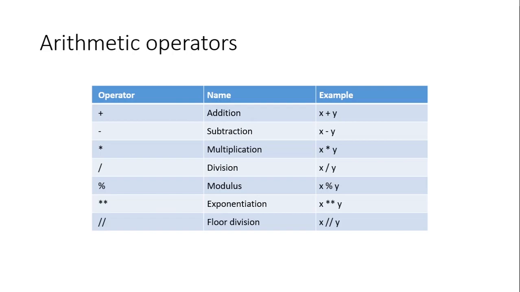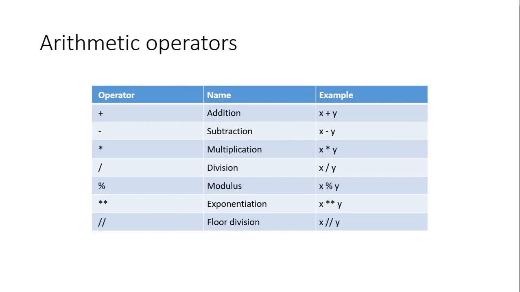Next comes floor division. What is floor division? You divide x by y, but you need an integer output. Even though it is decimal, you need to floor the output. What is flooring?